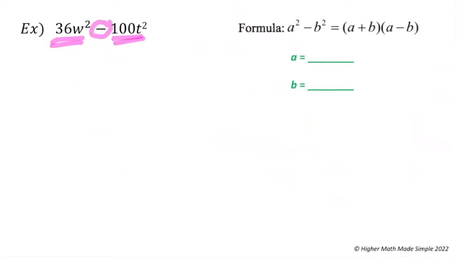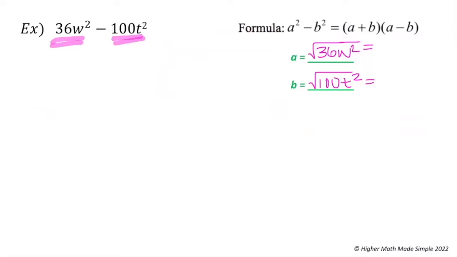And so we have subtraction of those perfect squares. So again, A is the square root of the first term, 36w squared, and B is going to be the square root of the second term, or 100t squared. And again, perfect square means something times itself equals that perfect square.